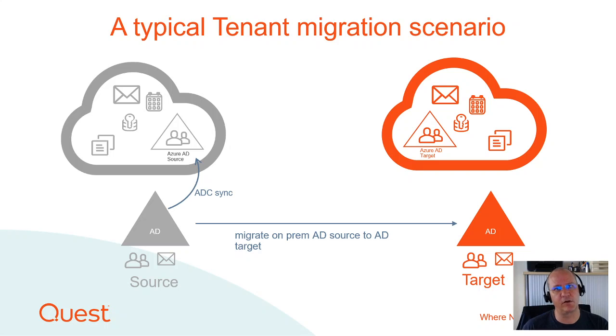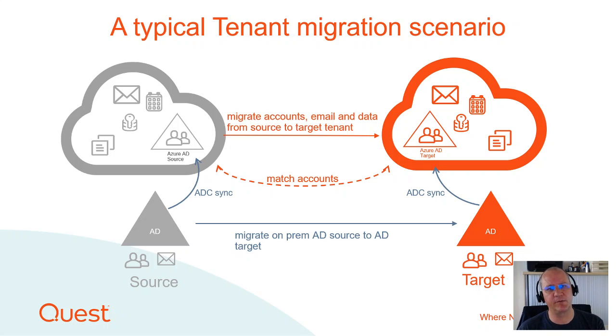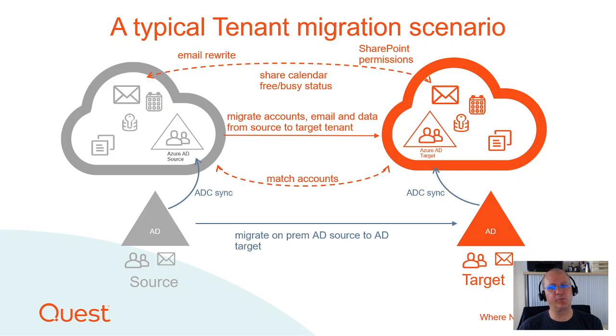Once they're across in the target environment, you can then sync them up to the cloud. As we know, if you create a cloud-only object, it's not going to sync down to on-prem. So if you want to maintain that management on-prem, you sync them across and push them up to the cloud. At that point, we'll do the match across the two environments, and then you can migrate all of those workloads. In the meantime, we'll keep you in a coexistence state as well, with, as I mentioned, your email rewrite.